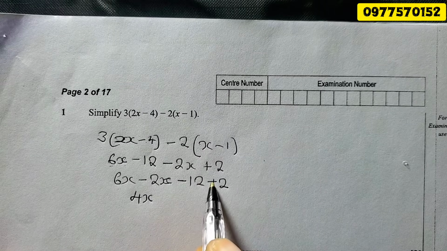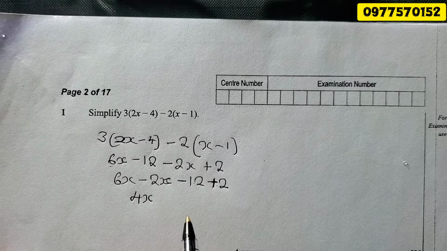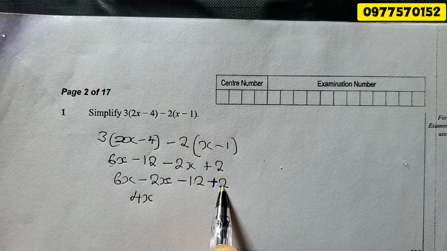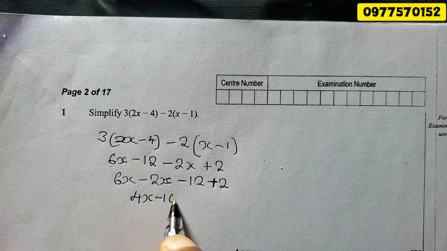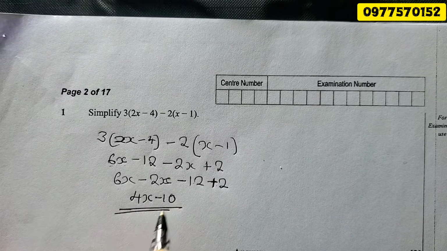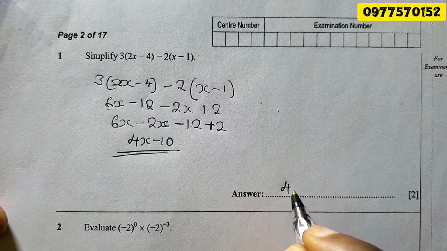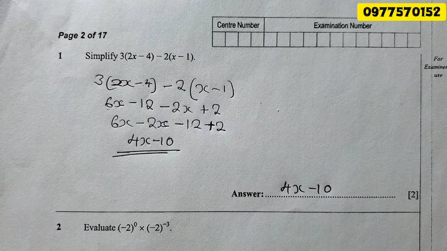Negative 12 plus 2: when you have two numbers with different signs, you subtract and then get the sign from the bigger number. So 12 minus 2 is 10, and the sign from the bigger number is negative, so it will be negative 10. So we can write this answer as 4x minus 10. Are we together?